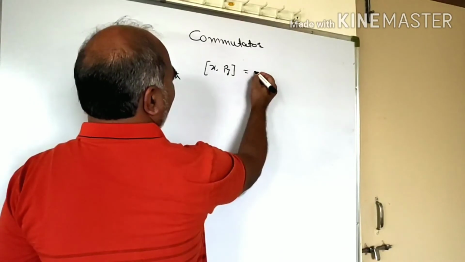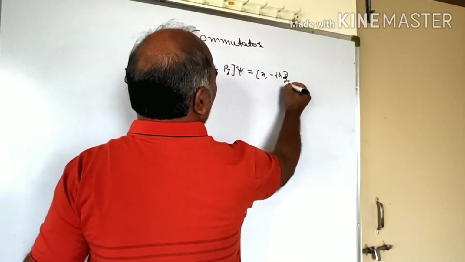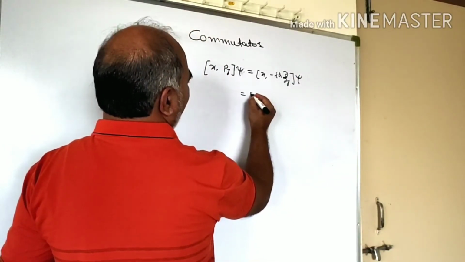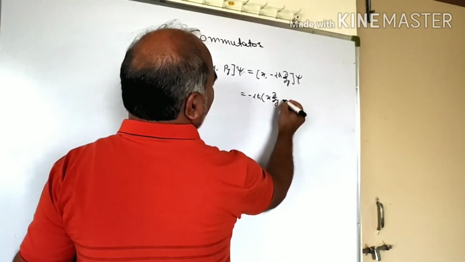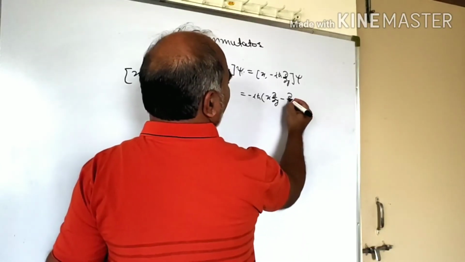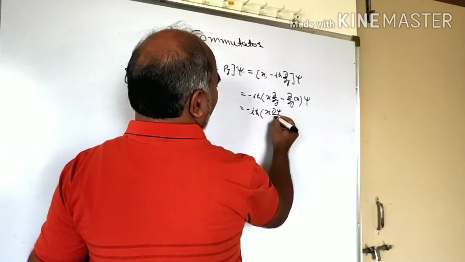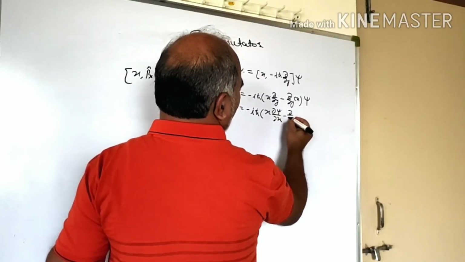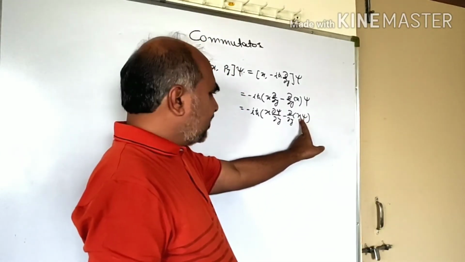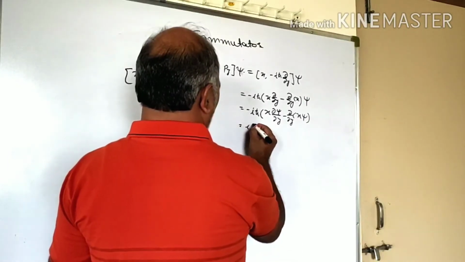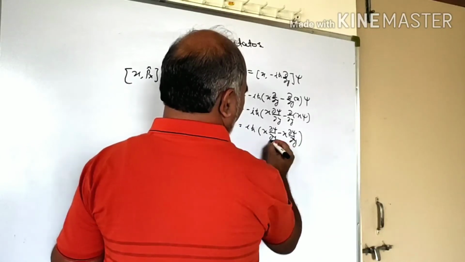So what happens for this x on ψ: [x, py]ψ = x(−iℏ ∂/∂y)ψ − (−iℏ ∂/∂y)(xψ) = −iℏ [x ∂ψ/∂y − ∂/∂y(xψ)]. Here x is a constant and ψ is the function, and therefore −iℏ [x ∂ψ/∂y − x ∂ψ/∂y], and these are 0.